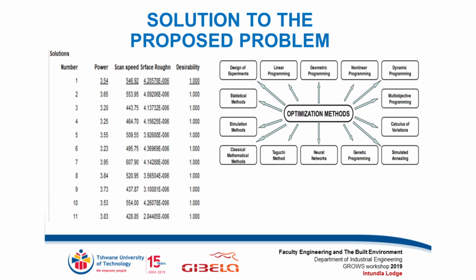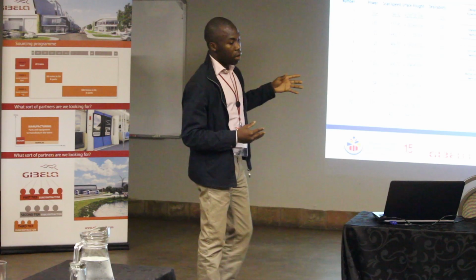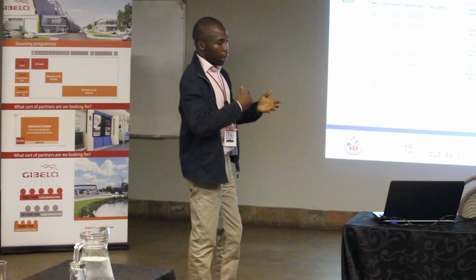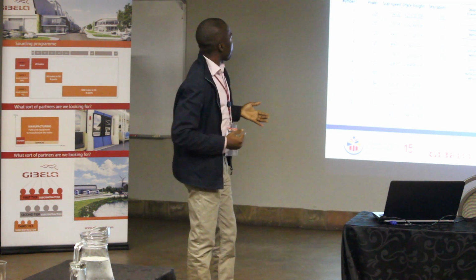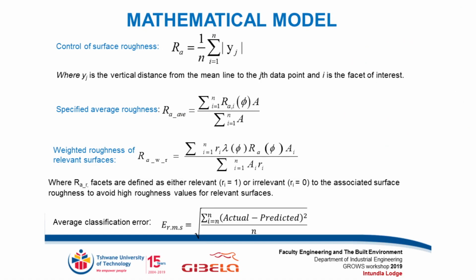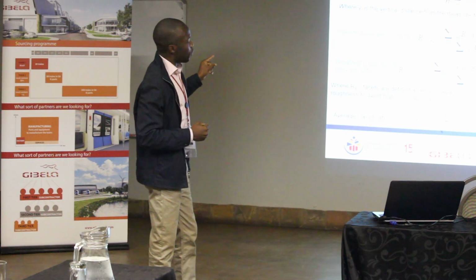Going further, I looked into all the optimization methods that can be used to check for the optimal production. The mathematical model used to guide this project to determine quality production is the control of surface roughness.